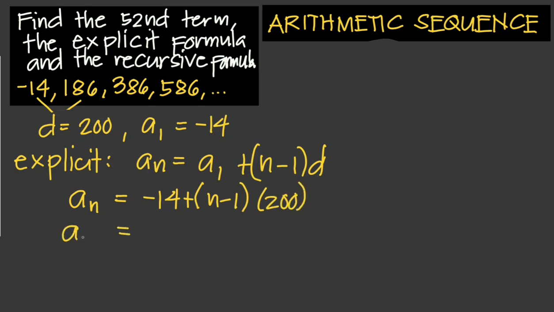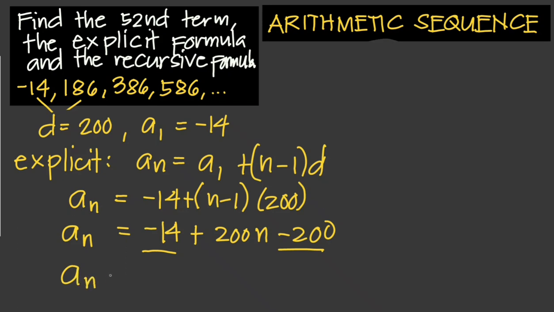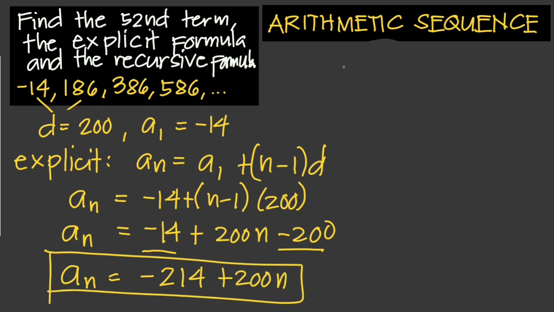So we can simplify this. Negative 14, we distribute 200 to n minus 1, so that is plus 200n minus 200. And then we group like terms, negative 14 and negative 200. So a sub n equals negative 214 plus 200n. So this is our explicit formula.